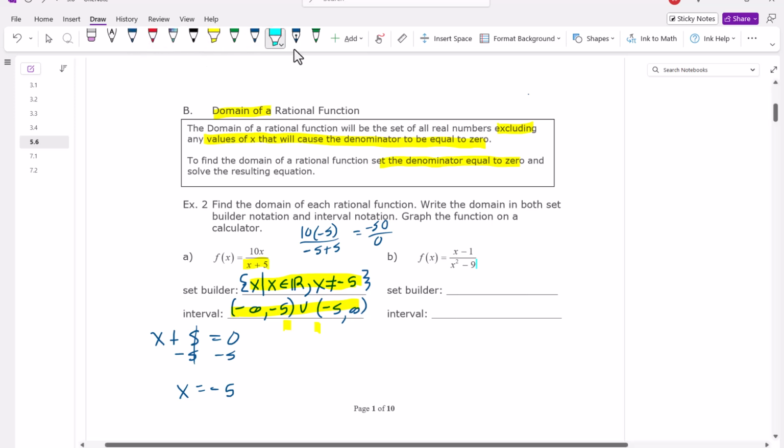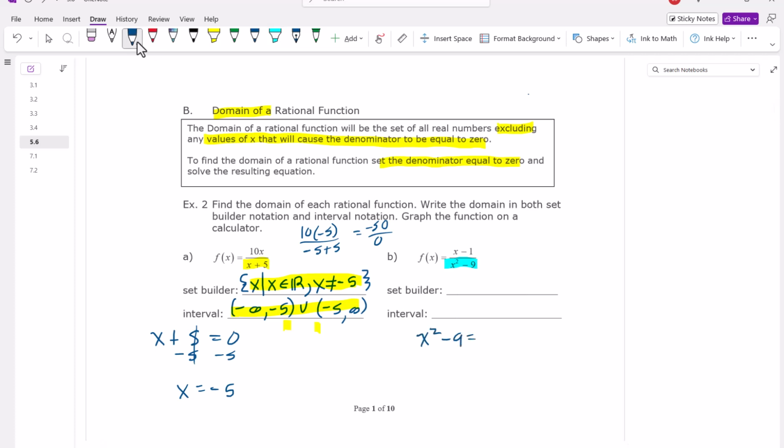Okay, next problem, we do the same thing, just look at the denominator. So we're just going to set x squared minus 9 equals 0. There's two ways you could solve this. One way to solve this is to isolate the x, square root both sides. And when you actually do the act of taking a square root of both sides, you have to introduce two answers. There's a plus and there's a minus.